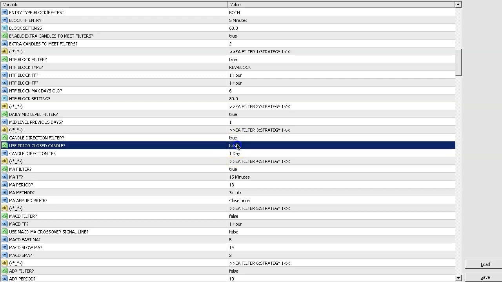But now, if I set use prior close candle as direction to true, it's going to work like this: if my prior day candle was bullish, then I'm going to look for buy entries, or vice versa. If yesterday was bearish, then look for selling entries.